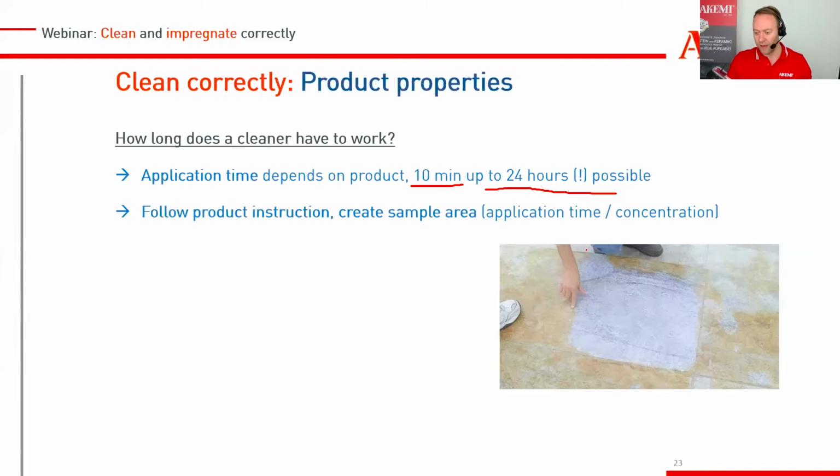For example, you see it down there. This is a heavy rust-stained granite. And on rust staining, sometimes the application time needs to be like 1 hour, 2 hours, depending on how deep the rust is inside the stone to get a proper result.